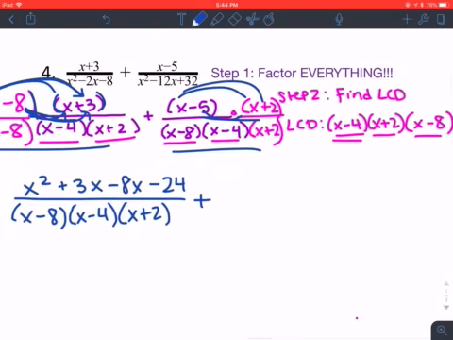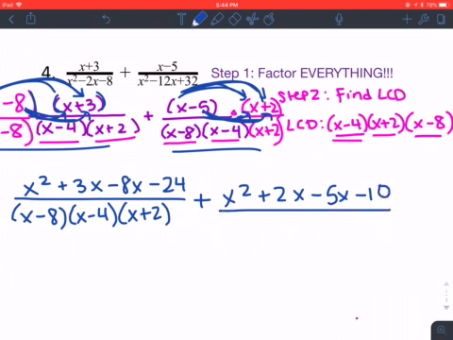Plus. All right, we need to FOIL our next numerator. So x times x is x squared, x times 2, 2x, negative 5 times x, negative 5x, and negative 5 times 2, negative 10. All over x minus 8 times x minus 4 times x plus 2.